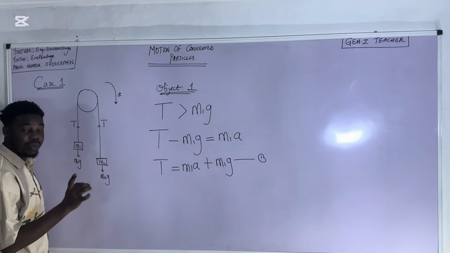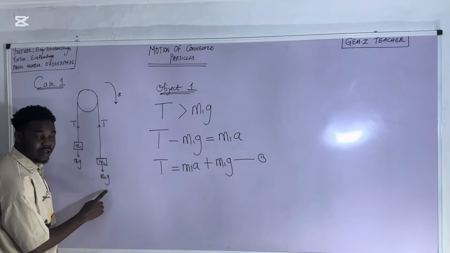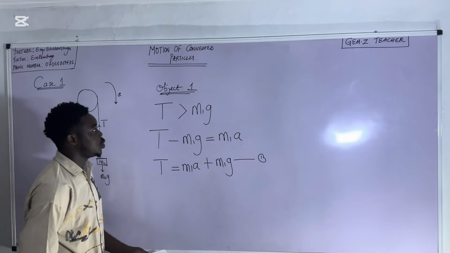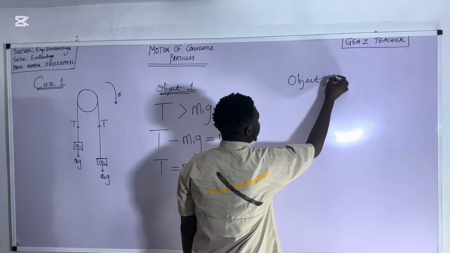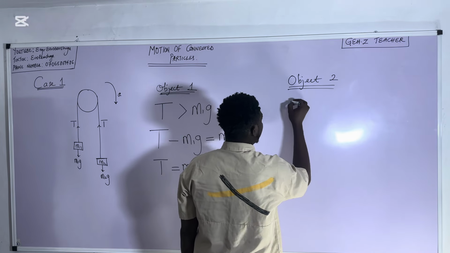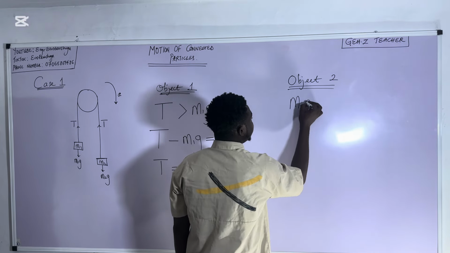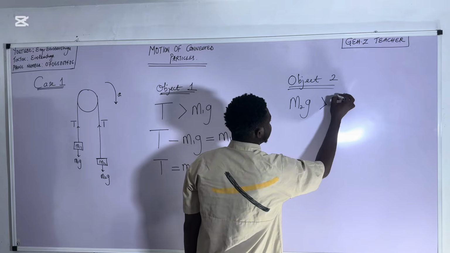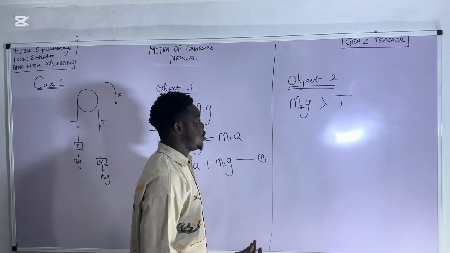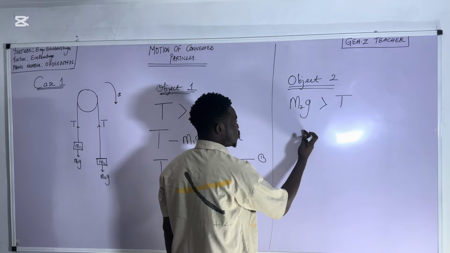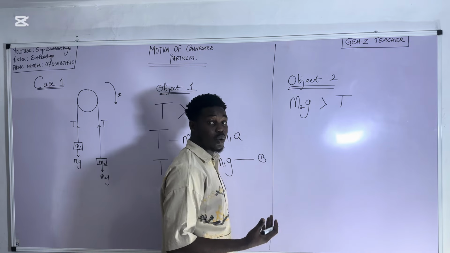Now, moving on, for the second body, you're going to agree that the second body is moving downward, meaning the weight is greater than the tension. So for object 2, the weight, which is m2g, is greater than the tension. Now, what are we going to do from here? Remember, the same thing again, subtract the forces to get the resultant force.